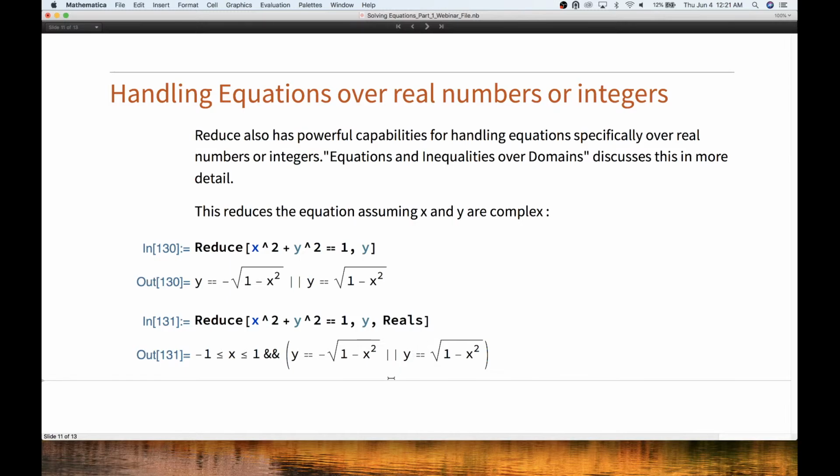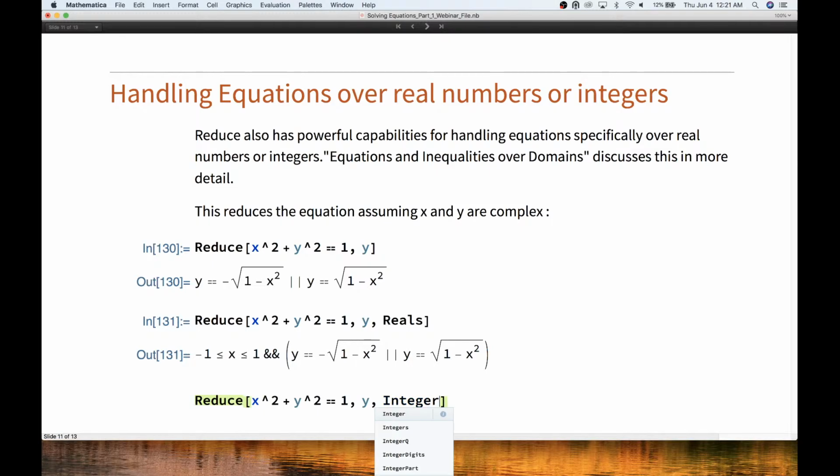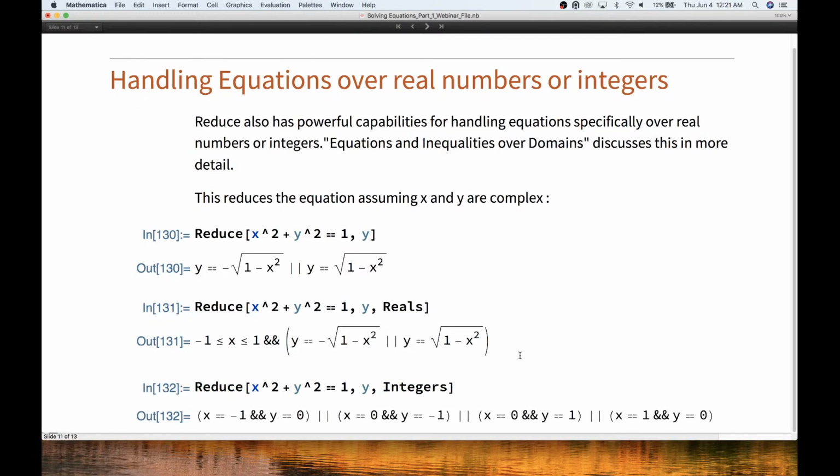Or I can press Command L and say, okay, I only want this for integers. And I get all the possible solutions for this. So this is an and and this is an alternative. This way you can get the solutions to equations over real numbers or integers also.